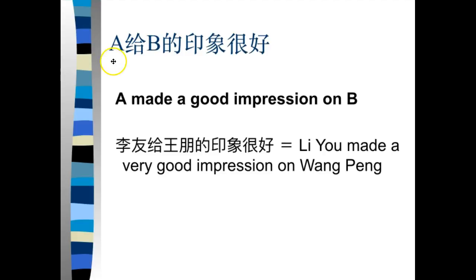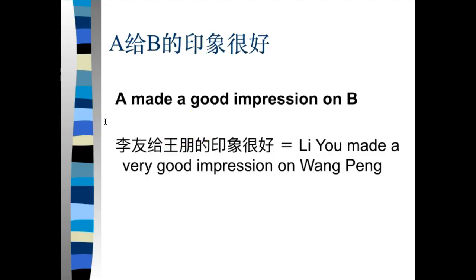This means A to, because that's what the 给 means, to B's impression is good. A 给 B 的印象很好. Textbook sentence. Leo 给王鹏的印象很好. So Leo has given to Wang Peng a good impression.